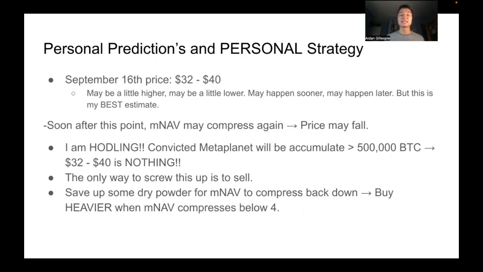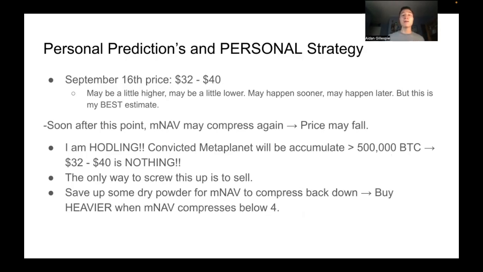Based on these models and those calculations, I'm aiming for a price target around $32 to $40. I think that Bitcoin's price would have to grow a little bit more than 10%. But nevertheless, I'm expecting somewhere around this price range for Metaplanet to be trading at around September 16th.